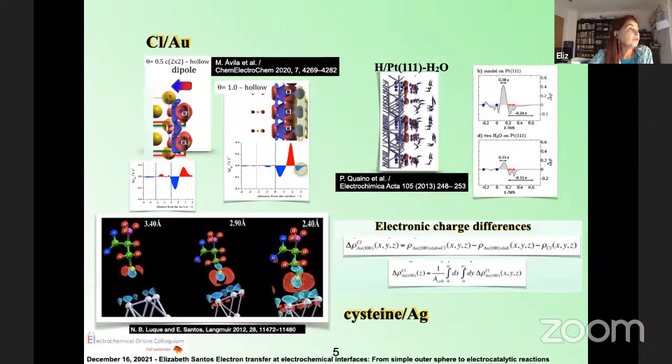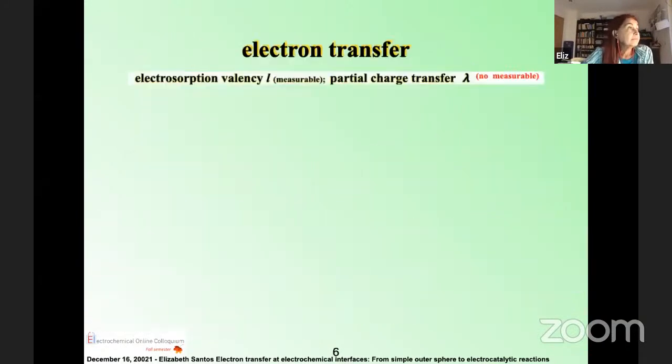And if we have a reactant that is more complicated than chloride, for example cysteine adsorbed on silver, then we see how the electronic distribution changes according to the distance to the interface. There is also a very nice concept in electrochemistry called electrosorption valency, which is something that we can measure, and which is related to the partial charge transfer, which is something that we cannot measure.